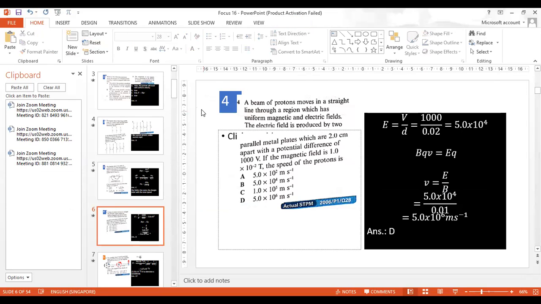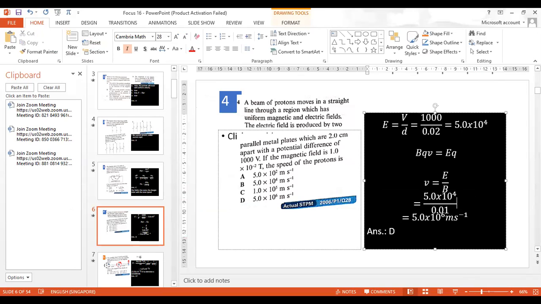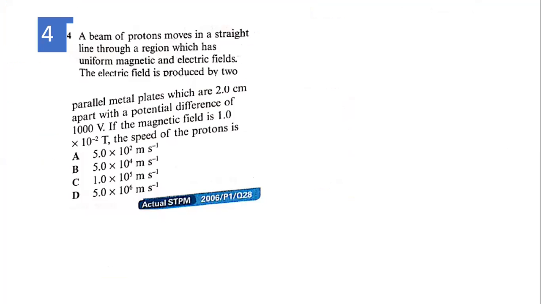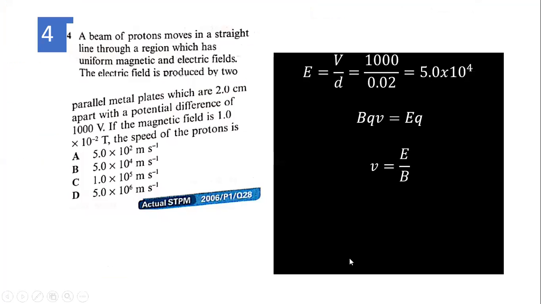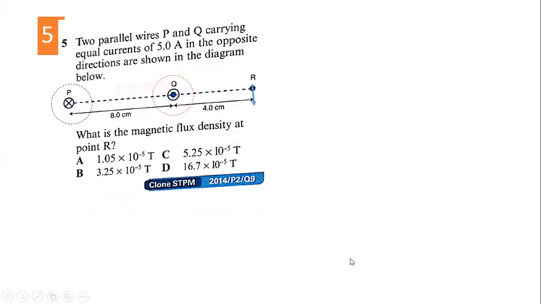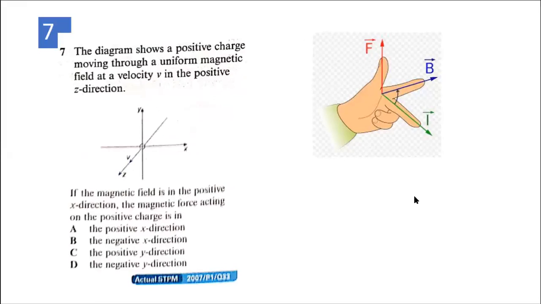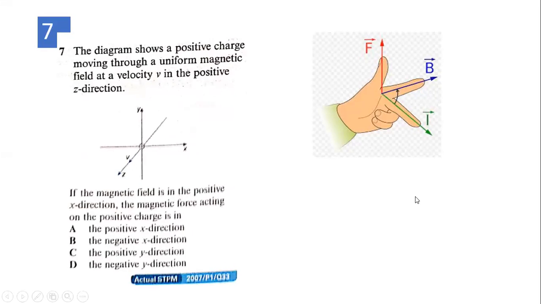Sorry, my slide is not obeying me. Sorry, having some problem. Okay, let's carry on. Don't bother about this one. You can try the rest yourself. Let me just do some selected ones. This one, they won't give you.